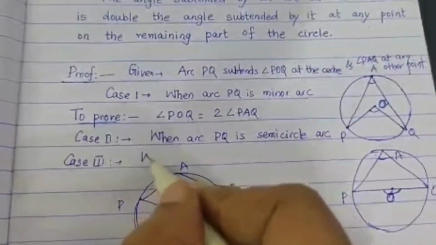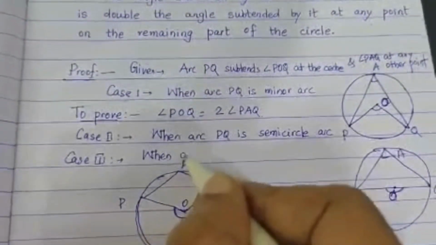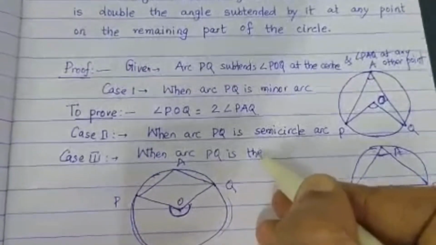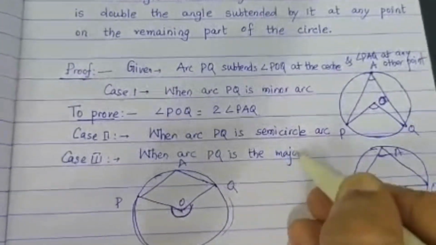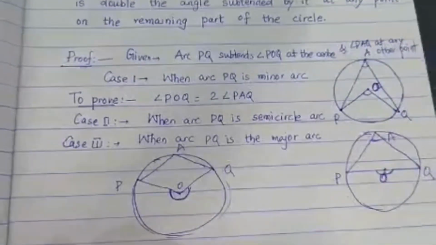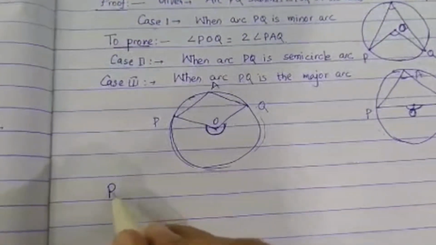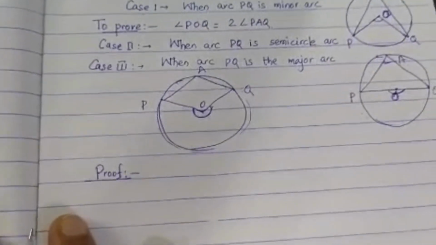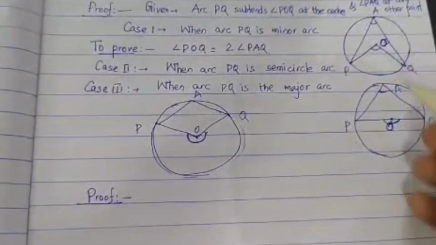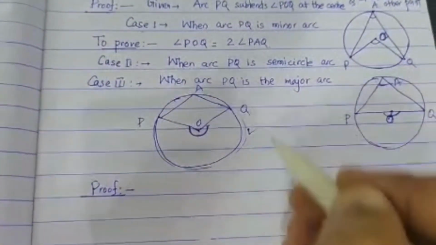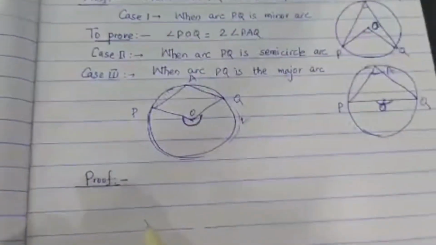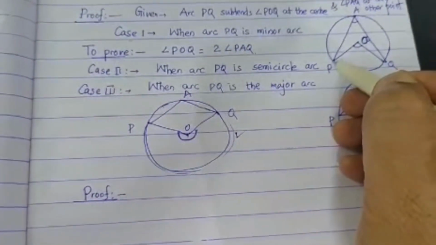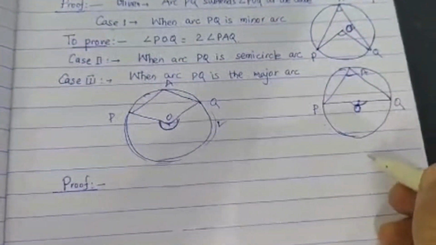So case 3 is when arc PQ is the major arc. Alright, so let's see the proof in all three cases. Now what we are going to do will apply to the first two cases, and then we will see what the condition is in case 3. So the proof is like this. Let us do one construction.